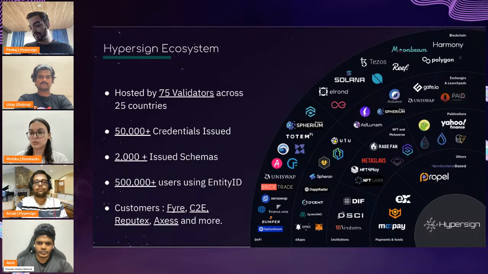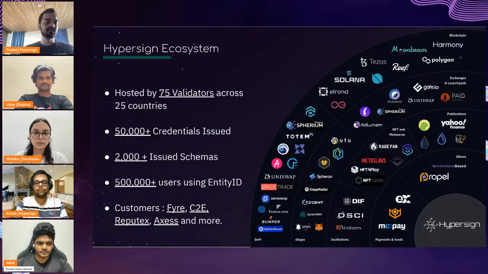Say if you hold assets on 10 different chains and you're lending, borrowing, and doing all sorts of activities on these 10 different chains, C2E clubs it into one single DID for a single user that he, on his consent, can present to the company verifier that we were talking about earlier.